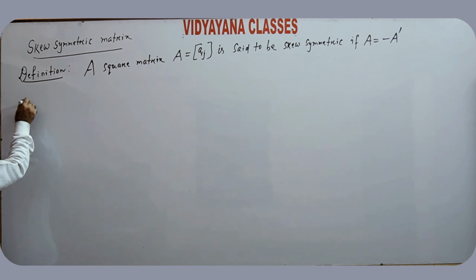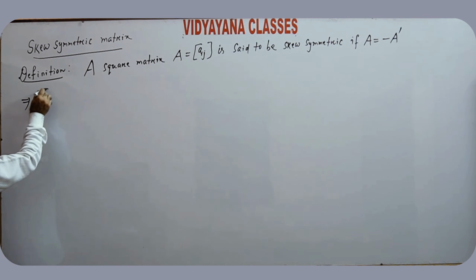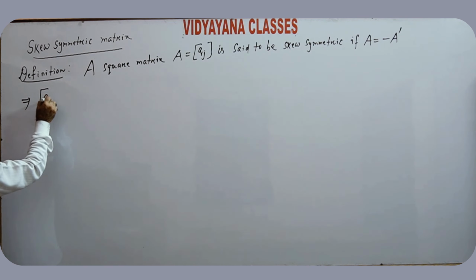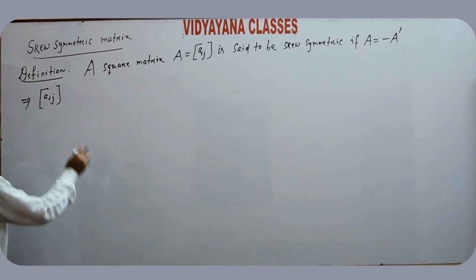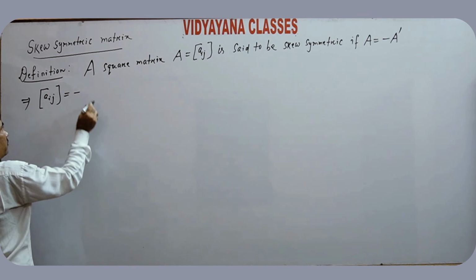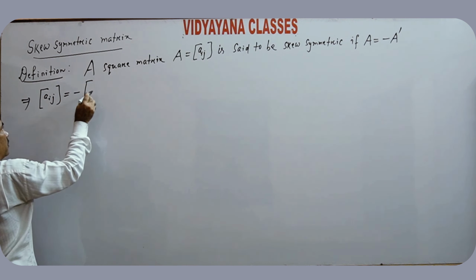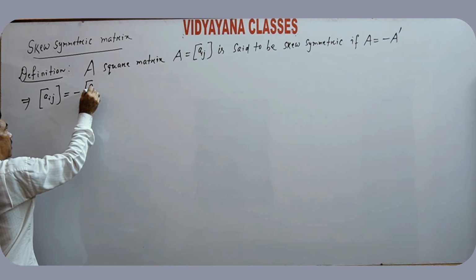That implies [Aij] is equal to negative of [Aji].